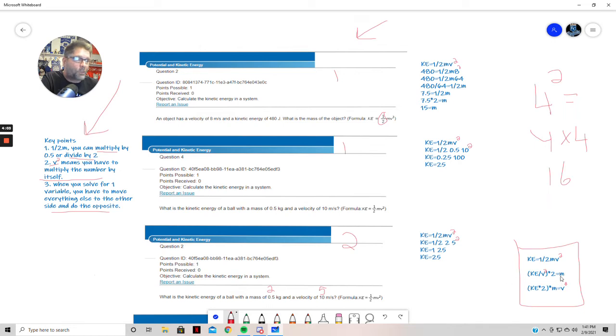But if you have to solve for the mass or the velocity, then you simply move everything over to the other side. So if we're solving for mass, we move the velocity squared over, and since on this side we multiply, now we have to divide it. And it's the same thing with the mass.